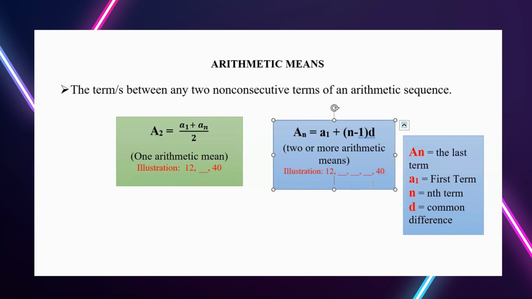So makikita natin sa illustration na tatlo ang nawawalang arithmetic means. Sa pamamagitan ng formula ng arithmetic sequence, ito ang gagamitin natin upang makuha natin ang mga nawawalang arithmetic means sa pagitan ng two non-consecutive terms. Ang a sub n is the last term of the sequence. A sub 1 is the first term of the sequence. N is the nth term of the sequence, and d is the common difference of the sequence.